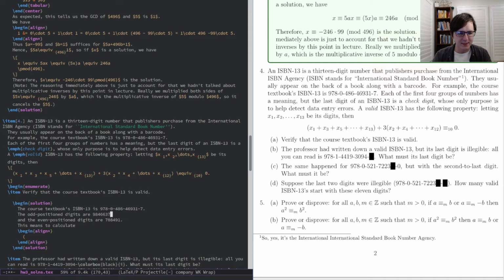Okay, so then we take this, and we take this, insert a bunch of pluses, and we're doing this mod 10.